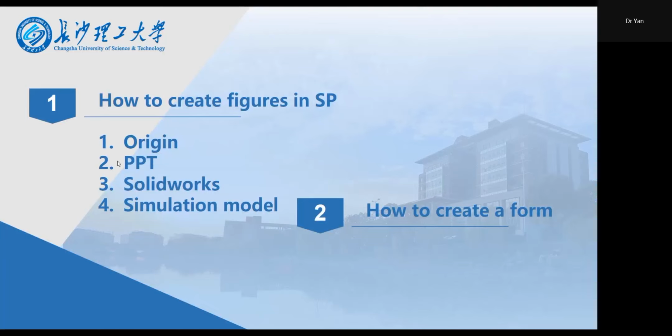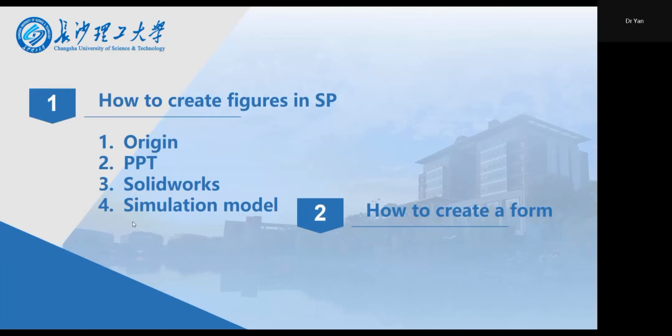Okay. So if you did download the Origin software, just please follow me step by step. Okay, just like the CAD/CAM course, okay? And the second method is to use PowerPoint to create the figures. All right. Of course, the third one is by using SolidWorks to build figures.